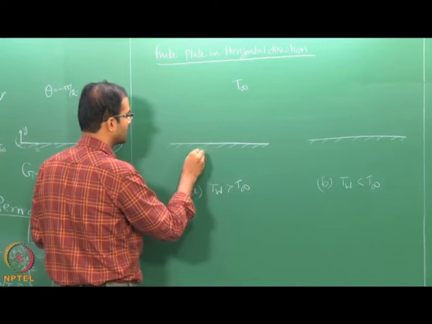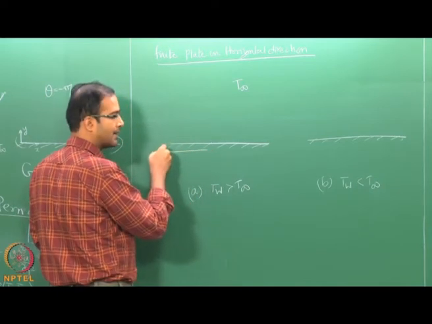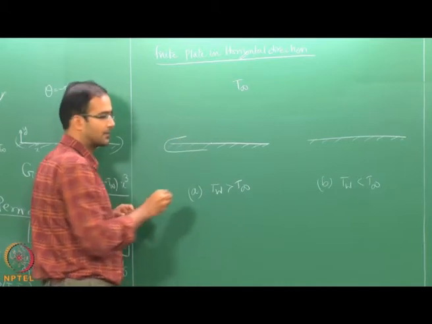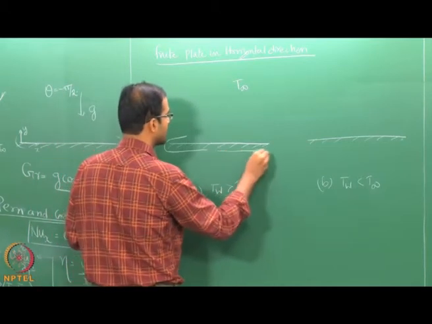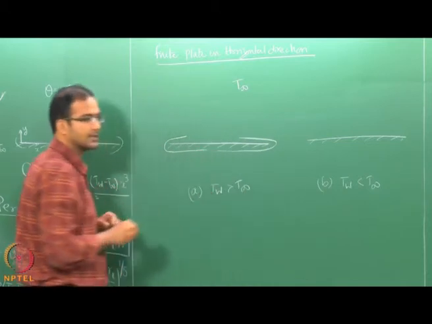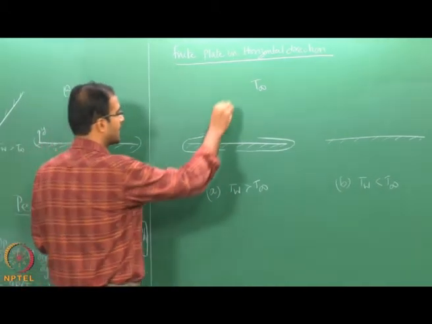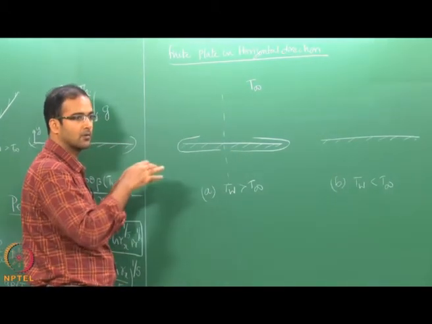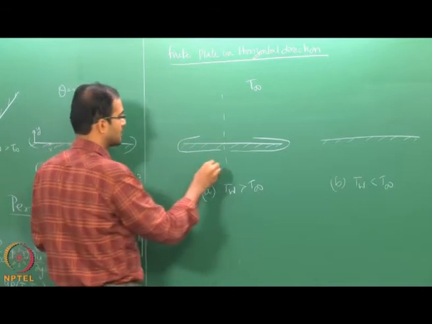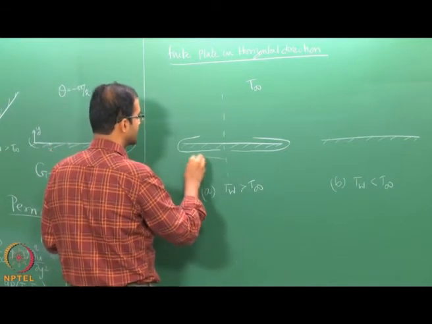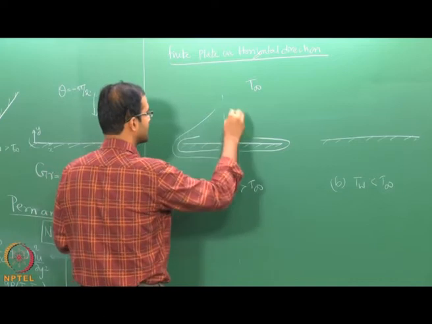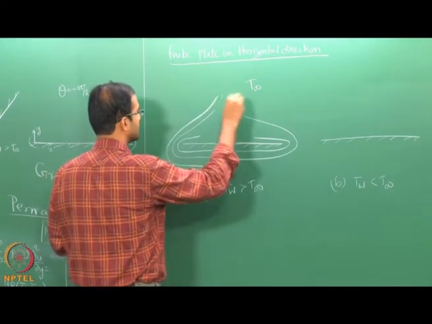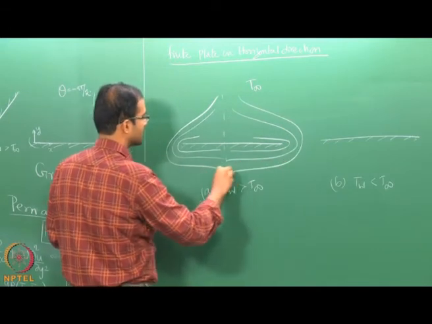So, since now you have a finite length, this will try to sneak in through the edges of the plate and this will be symmetric from both the edges. If you draw a vertical line, you will have symmetric patterns in the flow about this line. So, this is the kind of pattern that you will end up with.